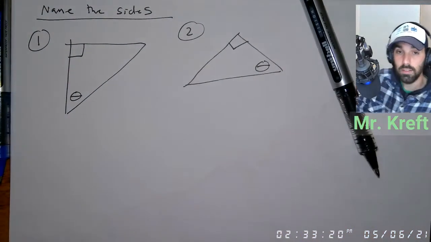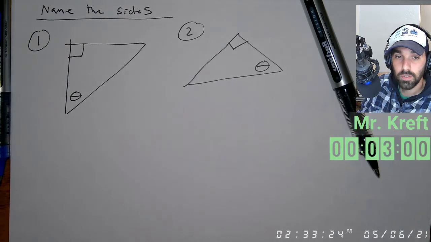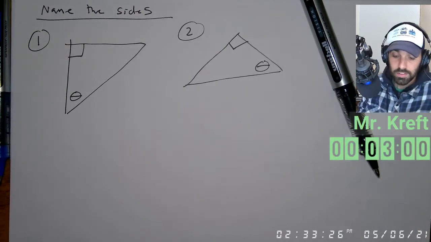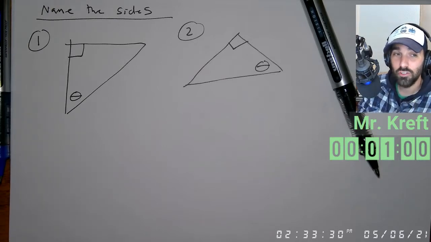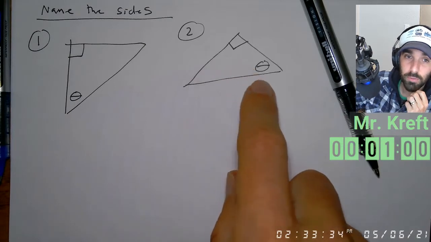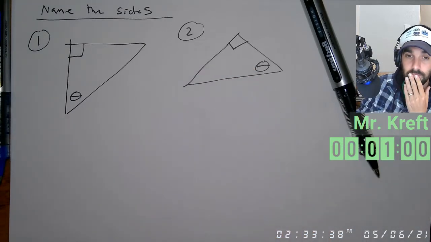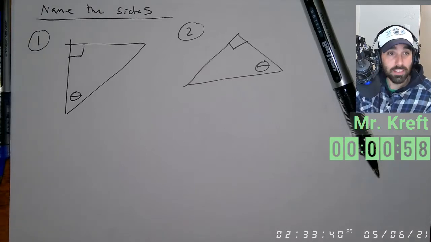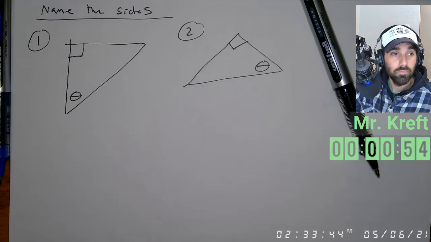I'm going to give you one minute to look at these two triangles and label the sides: hypotenuse, opposite, and adjacent. Do it from the reference angle I have highlighted, so you're labeling the sides with respect to the reference angle.